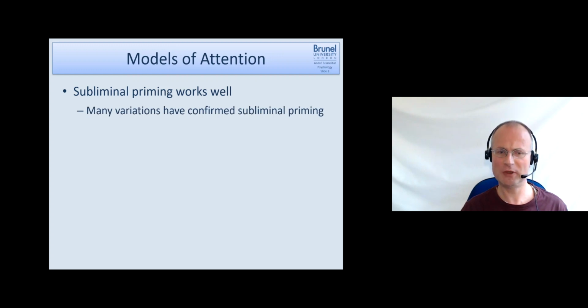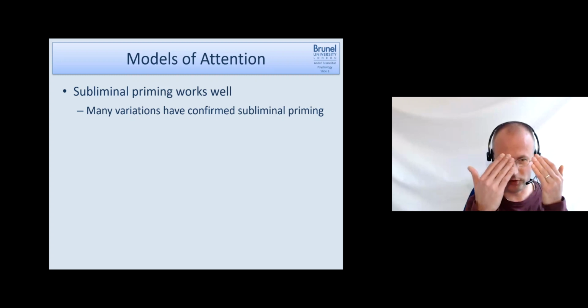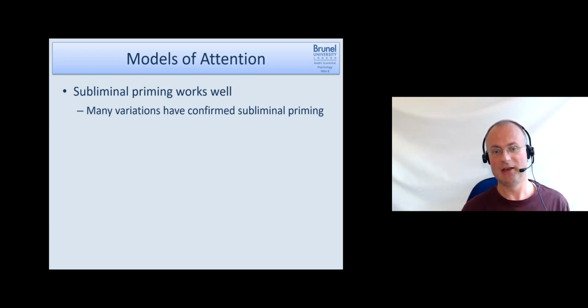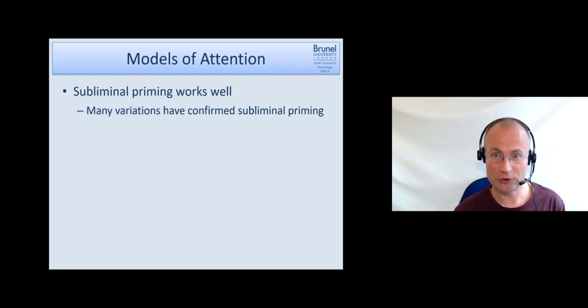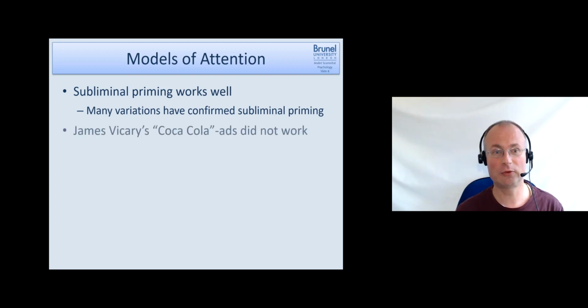So it's a robust thing. It requires you to fine-tune so that you don't see the prime. But once you have managed that, and you can be sure it's subliminal, you see consistent effects. It's really robust. However, James Vicary's experiment did not work.